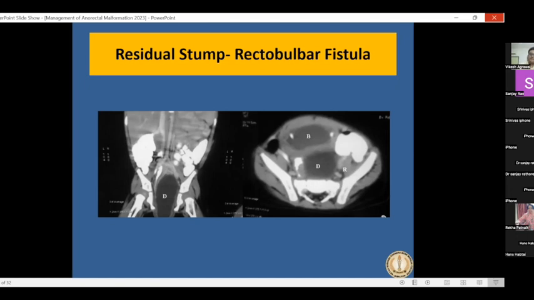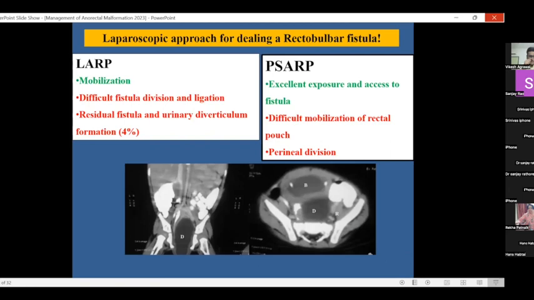That made us think a lot, and we became very careful in selecting cases for LARP. If it is a rectobulbar fistula, we go for a limited PSARP. But if by any chance we put in a laparoscope in a case of rectobulbar fistula, then we combine LARP with the PSARP.